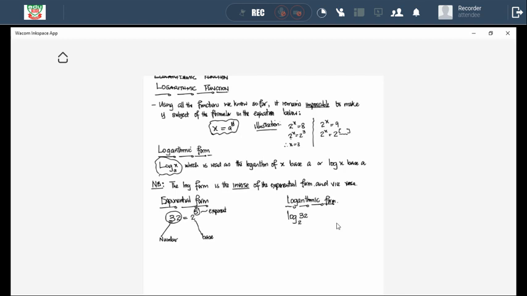The first thing I have to emphasize is that log is a function which can be called from your calculator. If you go to your calculator and check, you'll see there is a key which is written log. In fact, there are two of them. There is one which is log of a number with a box, and there is another one which is log where you write the number and also there is a space for the base.